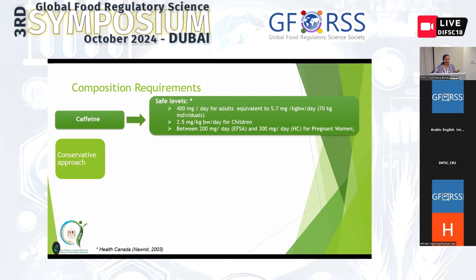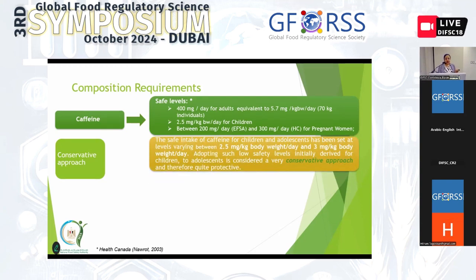Safe levels for caffeine are around 400 milligrams per day for adults, which is equivalent to 5.7 milligrams per kilogram body weight per day for a 70 kilogram healthy individual. As for children, it is safe for around 2.5 milligrams per kilogram body weight per day. And this level is around 200 milligrams per day for EFSA and 300 according to Health Canada for pregnant women.